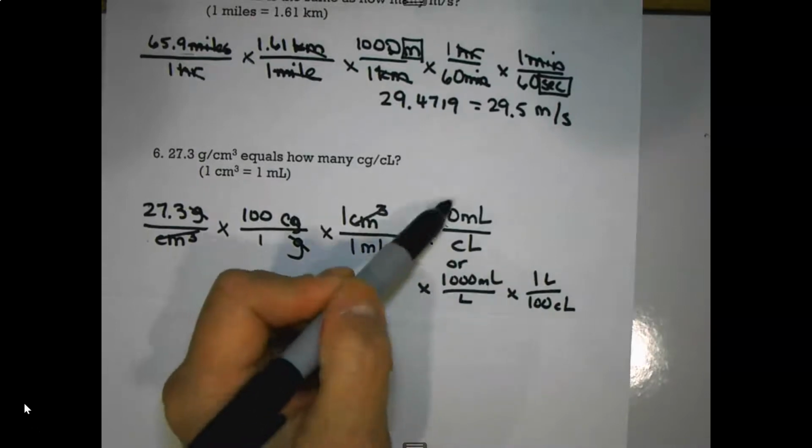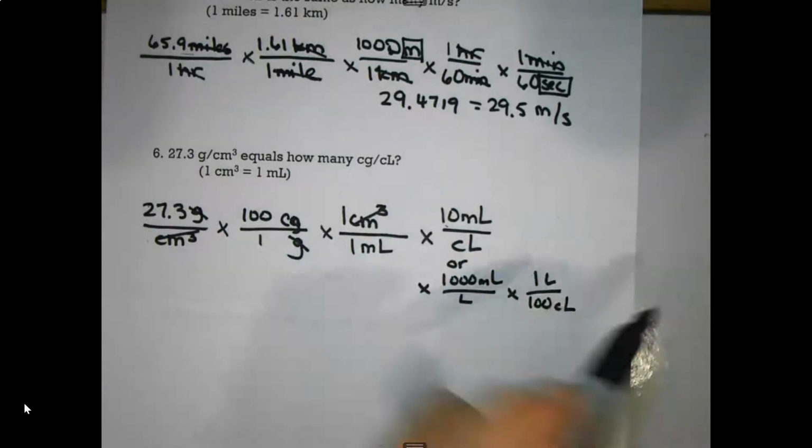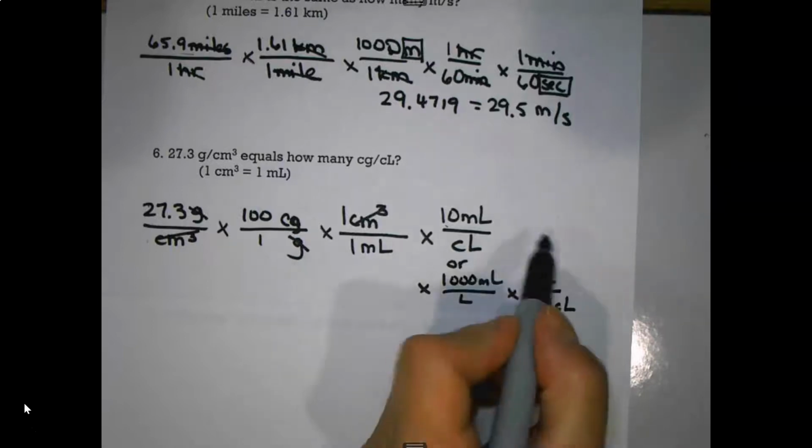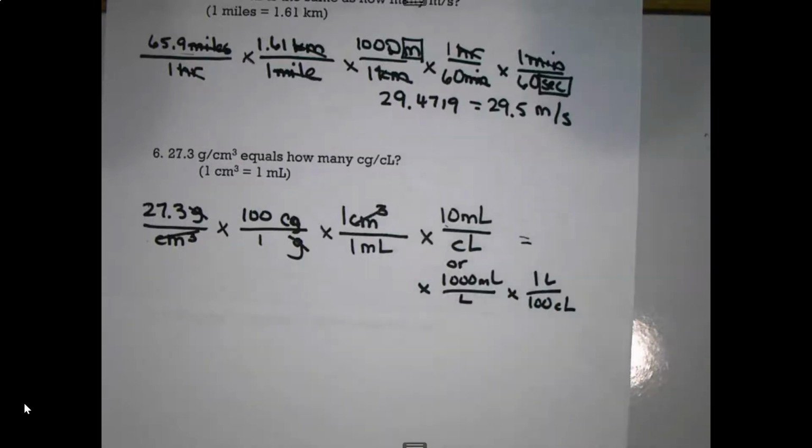If you know this off the top of your head, don't start trying to do ones that you may not be comfortable with. It might just be easier just to write them both out. All right, so then if I do the math, I've got 3 sig figs in my answer. Times 100 times 10.